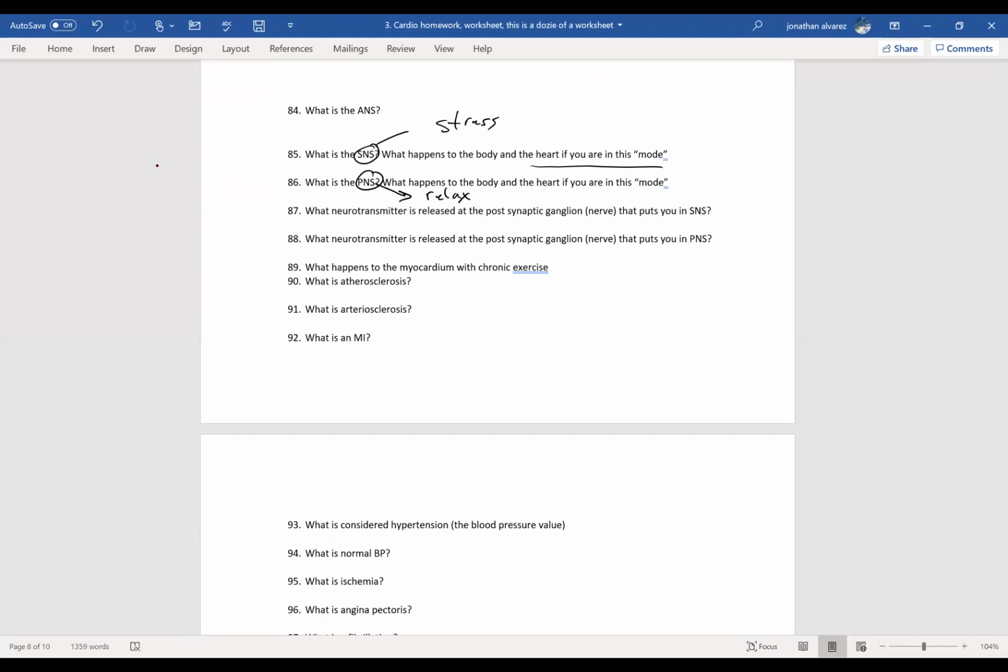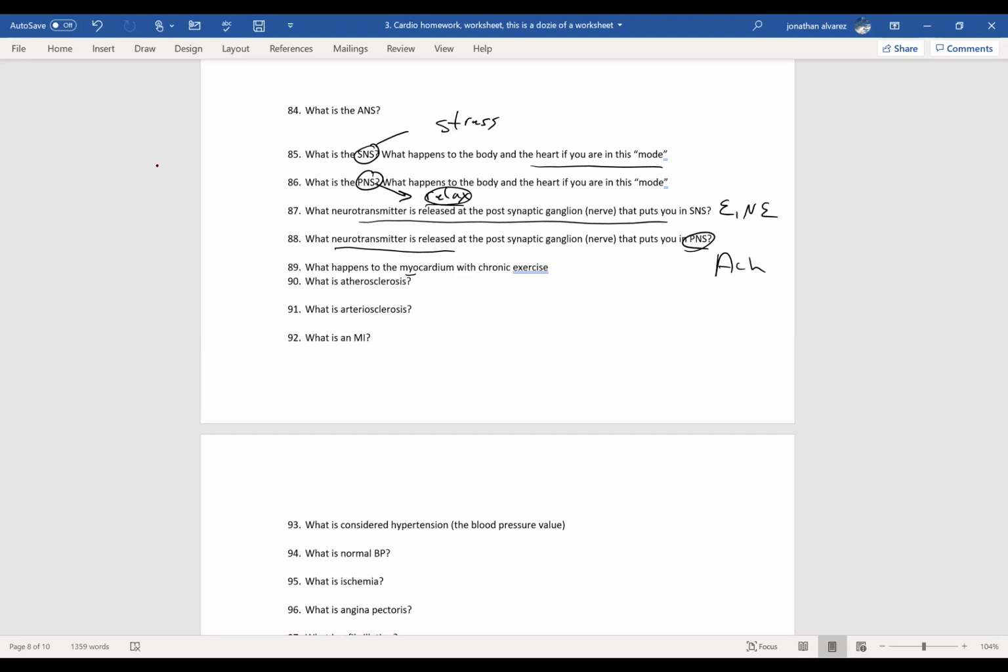If you're relaxed, the heart has resting heart rate and decreased blood pressure. Okay. The neurotransmitters released are epinephrine and norepinephrine, and that's what puts you in sympathetics. The neurotransmitter released in the parasympathetic nervous system is acetylcholine, and that is what puts you in rest and digest mode or relax mode.